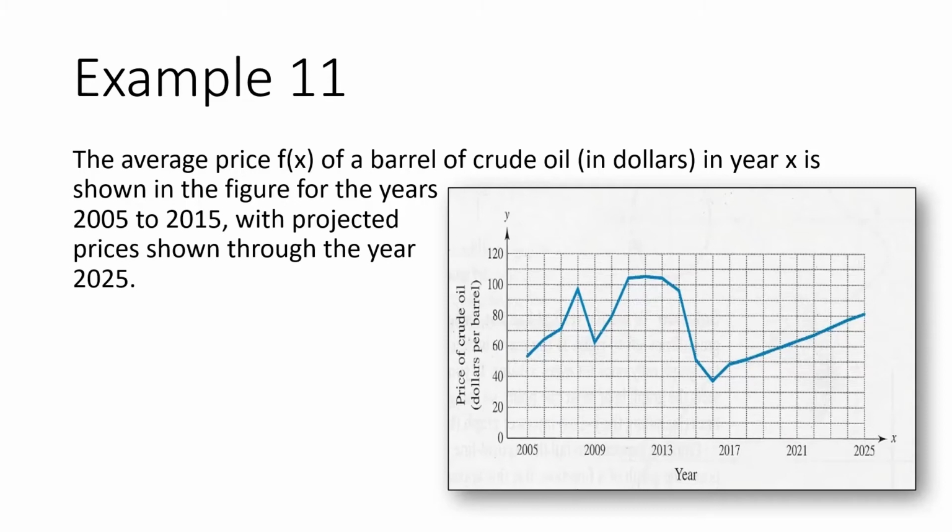First thing we're asked to do is to estimate the function values f of 2015 and f of 2025 and interpret the answers. To do this, we start by drawing a vertical line at 2015. We then draw a horizontal line from the point where this vertical line intersects the graph, and we see that the price at this point was about $50 a barrel.